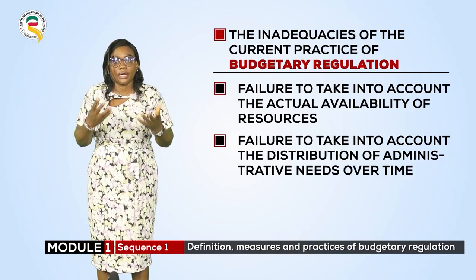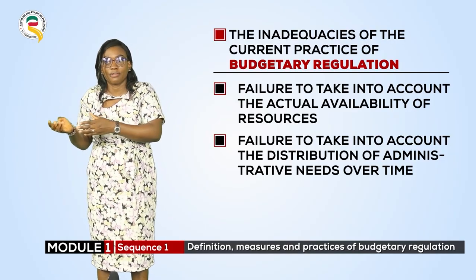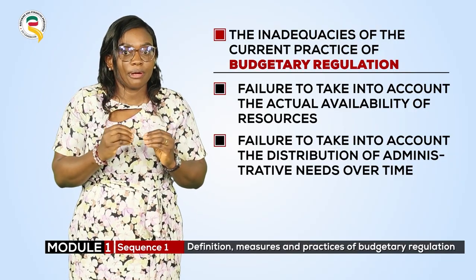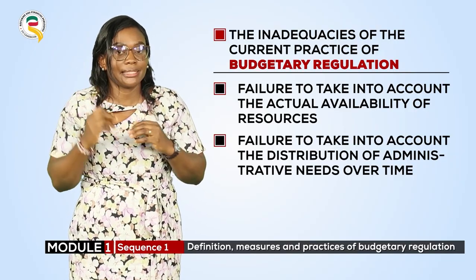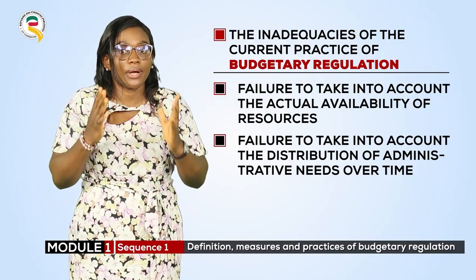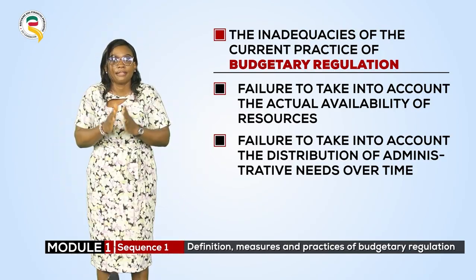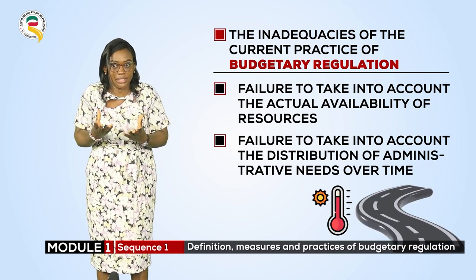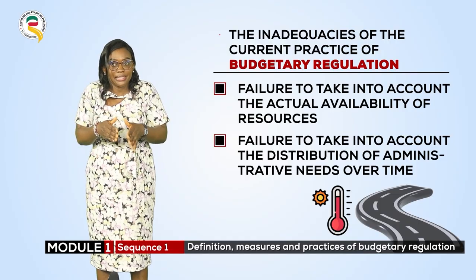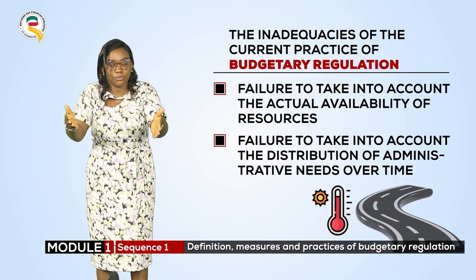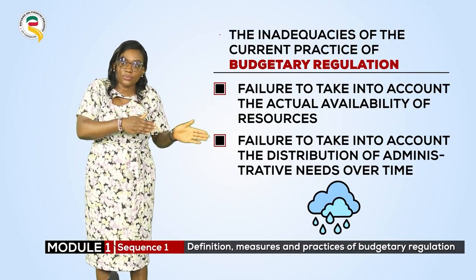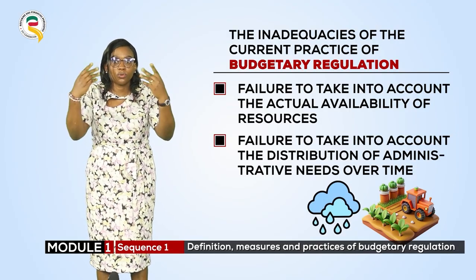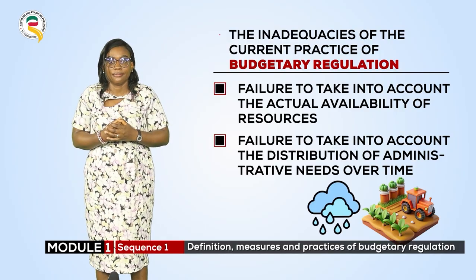Failure to take into account the distribution of administrative needs over time. The division of appropriations into 3 identical parts does not take into account, for example, the fact that some administrations may have severe constraints as the dry season approaches to maintain roads, while others will need most of their resources as the rainy season approaches to launch the agricultural season.